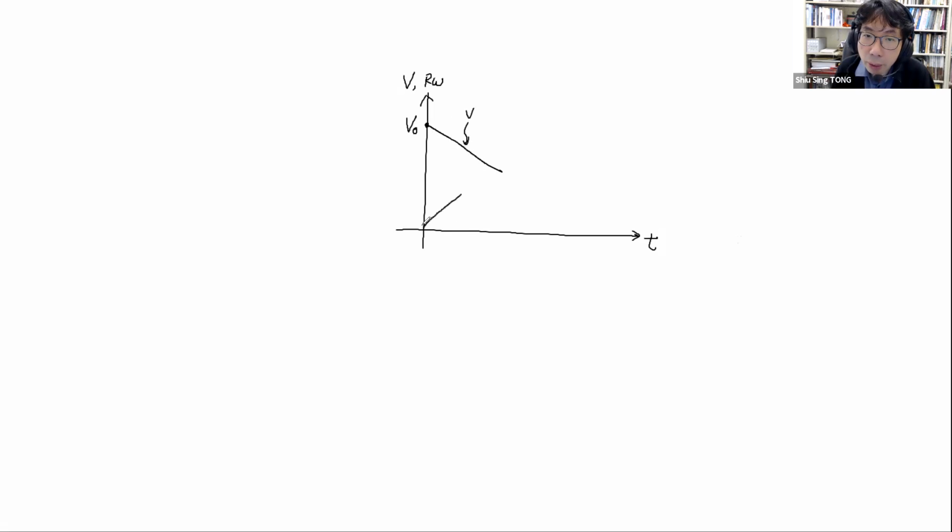And if I plot a curve of R omega, then when omega increases with time due to the torque of the friction, the quantity R omega will also increase with time. And at a certain moment, which I call T0, I don't know what this time is, but let us call it T0, the linear velocity will be just the same as the quantity R omega. So V is just equal to R omega here.